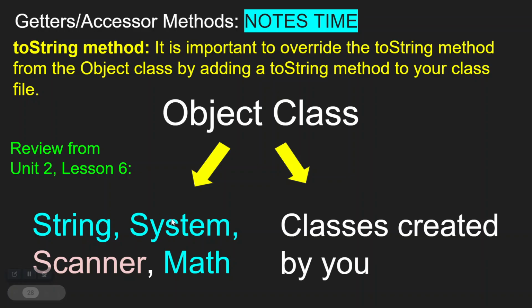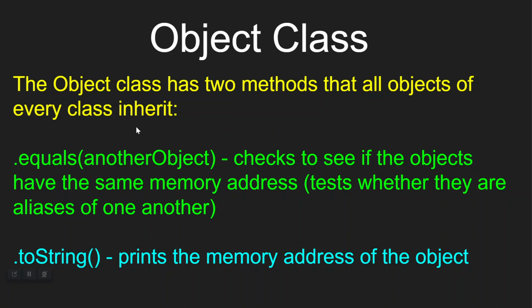So the String class, the System class, the Scanner class, the Math class, they all inherit from the Object class. Also, any class that is created by you, the programmer, will automatically inherit from the Object class.